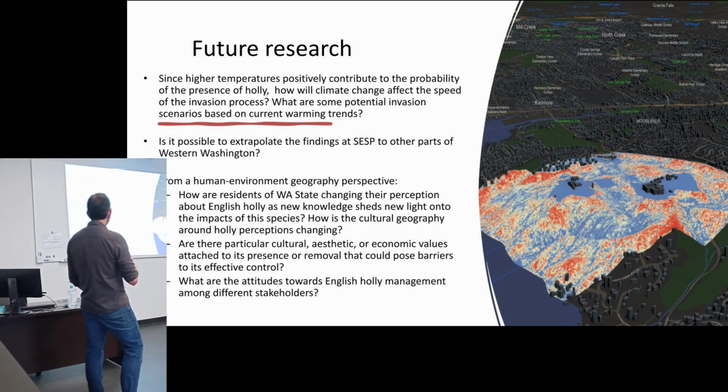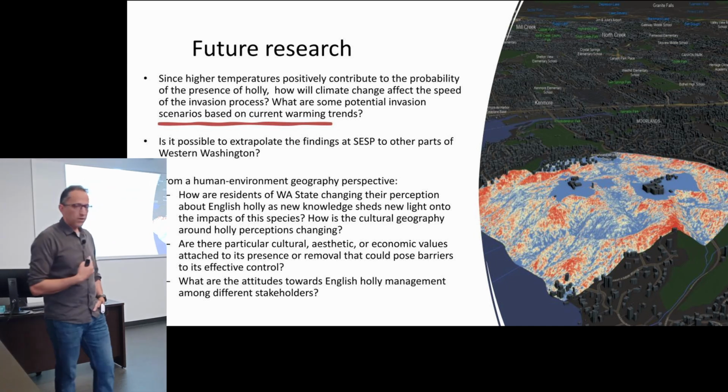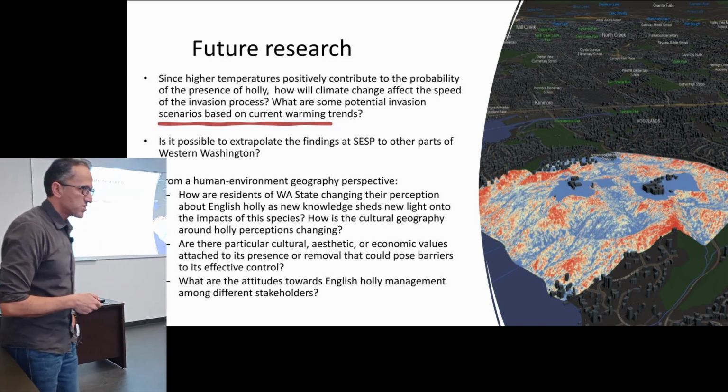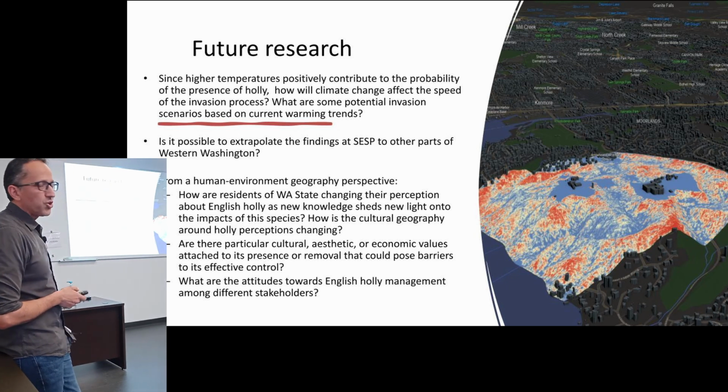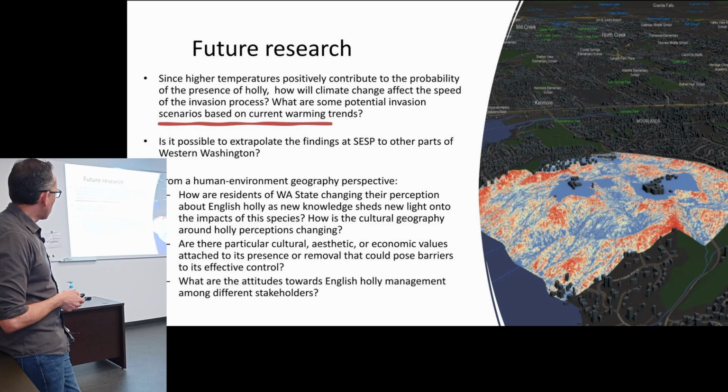And now from a human-environment geography perspective, there are also important questions to ask. One is about our culture, right? The culture around holly. How are residents in Washington State changing their perception of the value of holly now that we have a better understanding of the impacts of this species and how fast it is spreading?